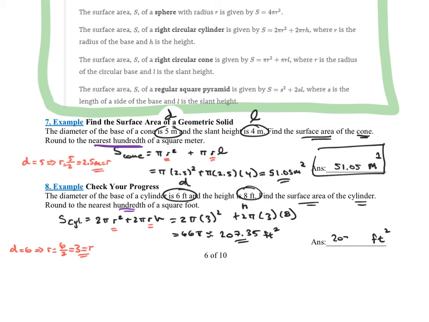So 207.35 square feet. I do want to note that on the posted solutions, I noticed an error. I used the wrong formula. I said the formula was 2 pi r squared h, and that is not true. It is 2 pi r squared plus 2 pi r h. So I do have the wrong answer in the posted solutions, but I do have the correct answer in this video. I hope that doesn't confuse you.